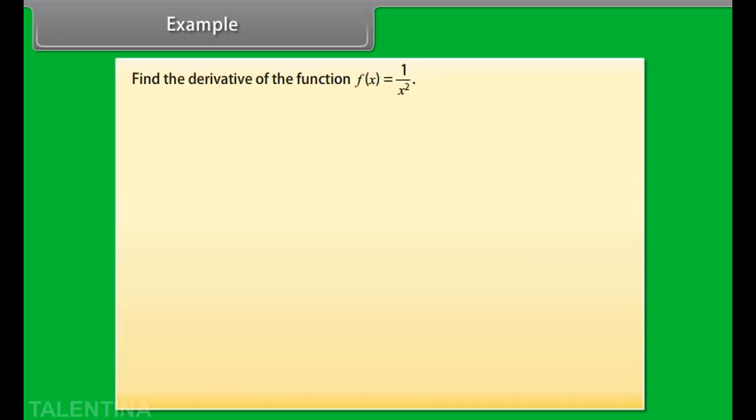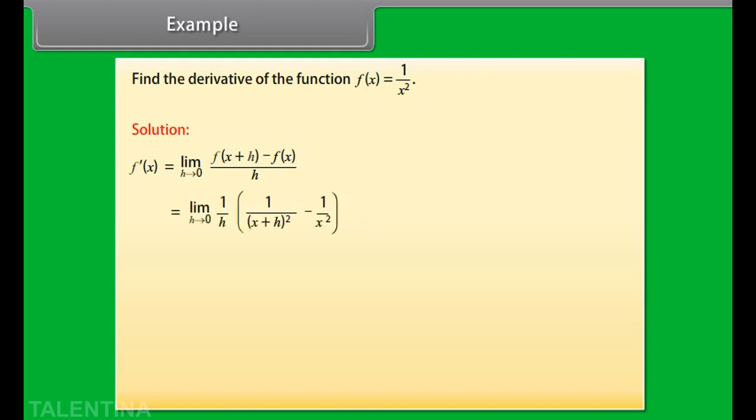Find the derivative of the function f(x) is equal to 1 upon x square. Solution. We have limit h tends to 0 of the difference between f of x plus h and f of x, divided by h, which is equal to limit h tends to 0 of 1 by x plus h whole square minus 1 by x square, divided by h.